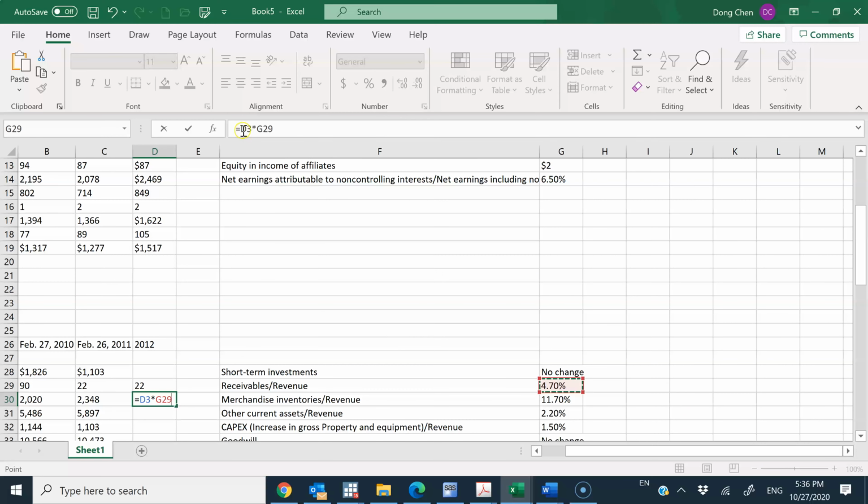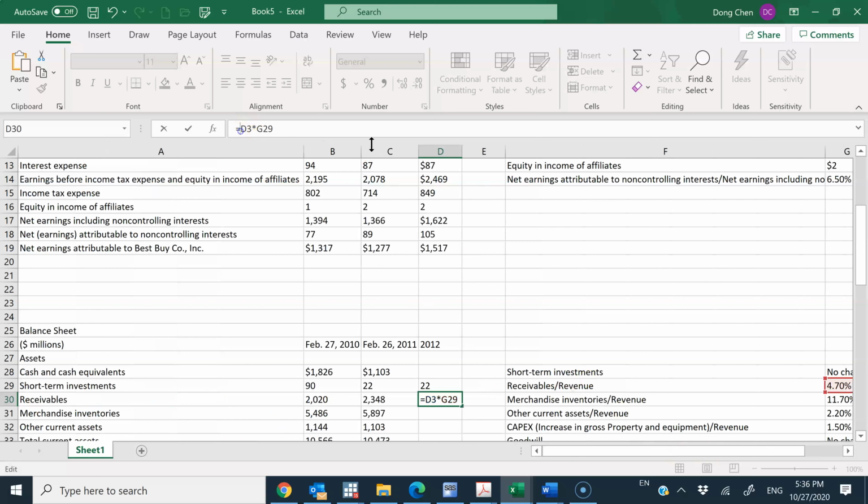Now I want to do two things. First, I want to fix the reference to the forecasted sales. The reason is that later on I want to pull the sales down, because many of the items below these receivables will also grow with sales.